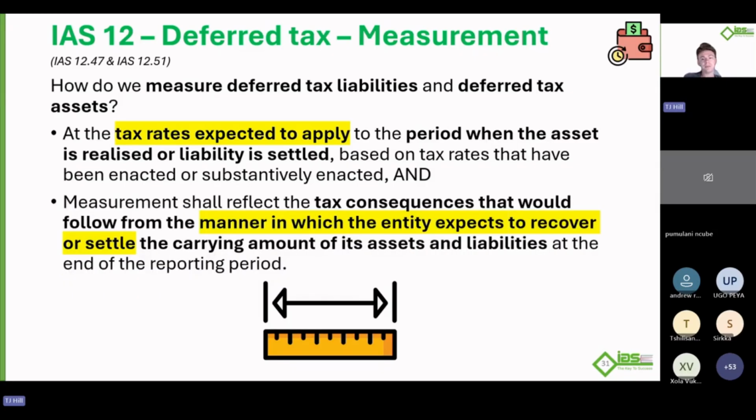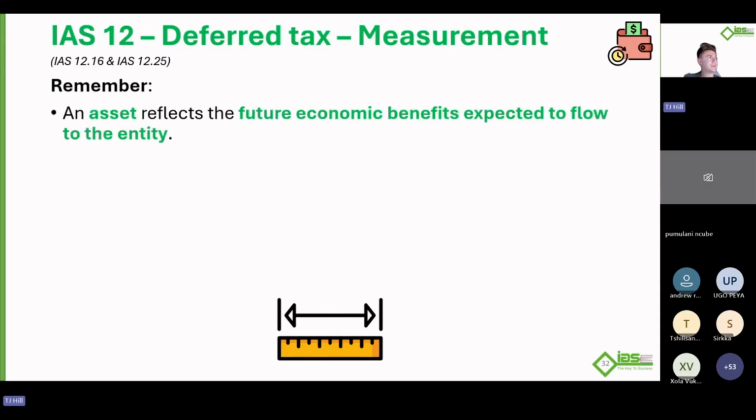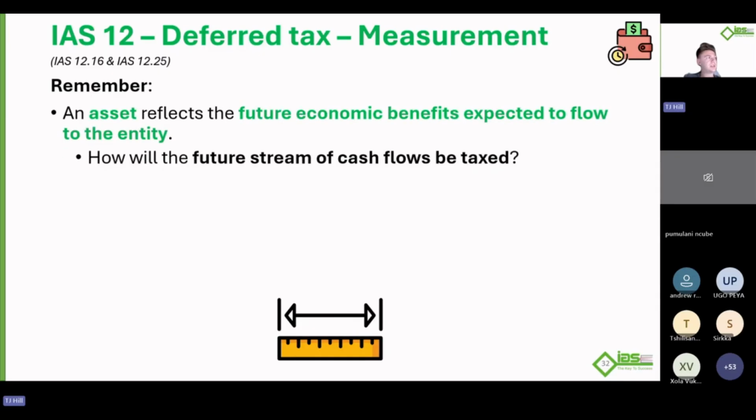What's important is you must ask yourself, how am I going to recover or settle the carrying amount of the asset and the liability? How are the future economic benefits going to come to me? As we said, an asset is your future economic benefits, so you need to ask yourself, how are those future economic benefits going to be taxed?